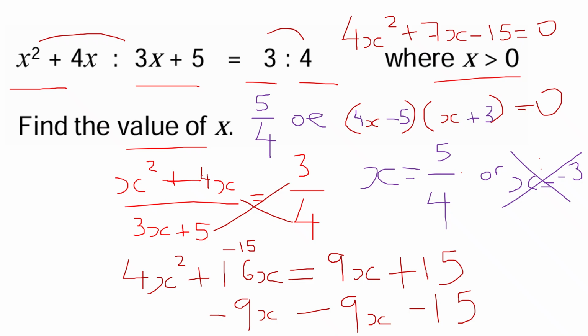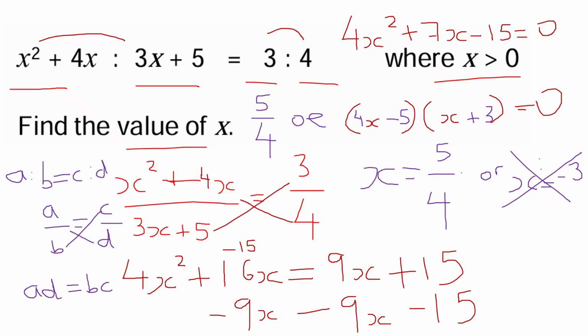When you have two ratios that are equal to one another, it's very important: if I have A to B equals C to D, then A divided by B has to equal C divided by D. That is just a rule to remember. Then I can cross multiply and solve, so I get AD is equal to BC, and I can work from there, as long as B and D are non-zero terms.